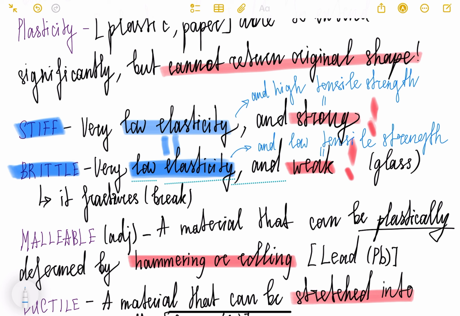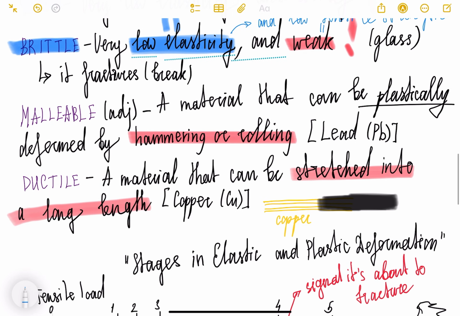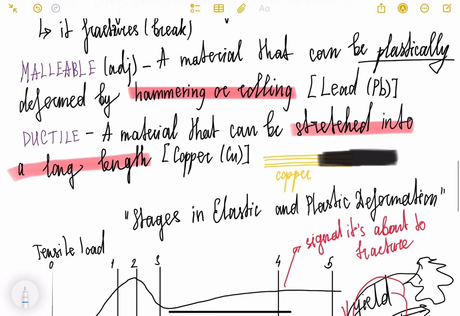The next, if a material is plastic, it is malleable or ductile. We had a conversation about it.